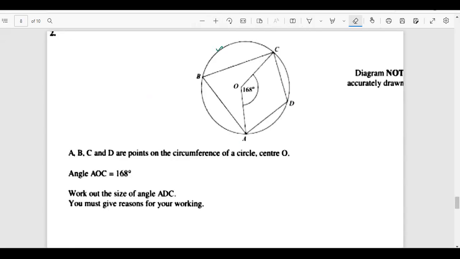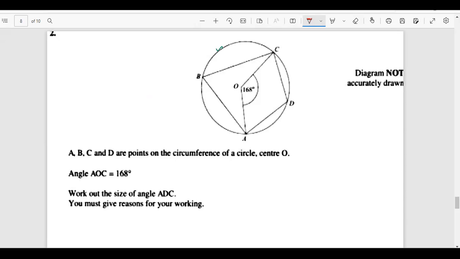Is ADCO a cyclic quadrilateral? No, a cyclic quadrilateral is a four-sided figure whose vertices all touch the circumference.